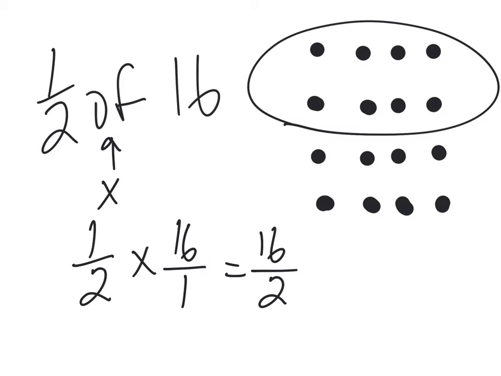Now you're left with 16 halves, or really 16 divided by 2, because that fraction bar is just a division symbol. So 16 divided by 2, or the improper fraction 16 halves, is really 8 wholes. And now we can see it several different ways.